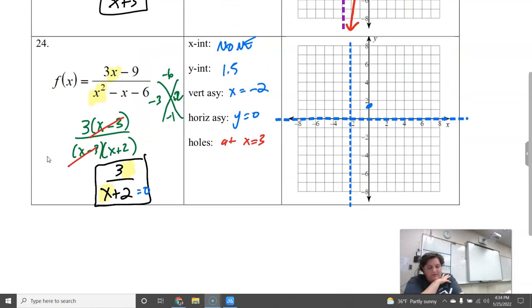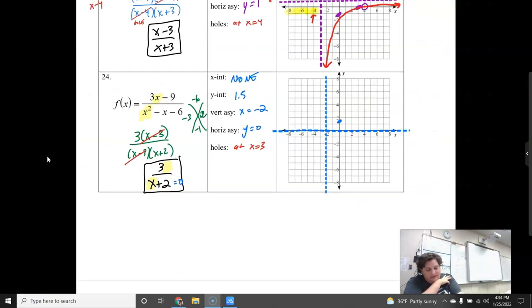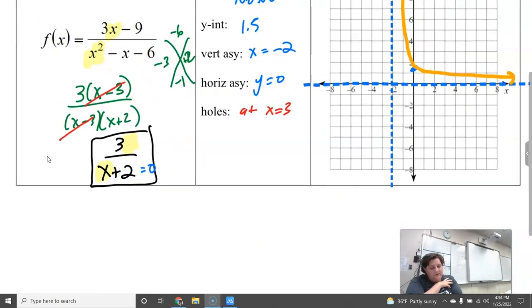Okay. Now it's time to draw it. I can definitely see that up here is that part, right? They're usually opposite, but let's just check and make sure. For this side, I can plug in -3, -4, -5, -6, -7, -8, whatever.